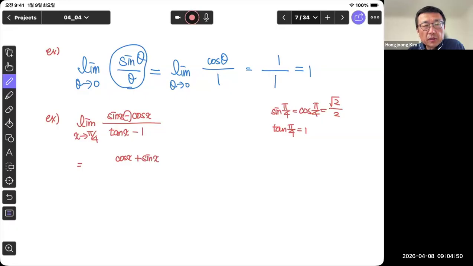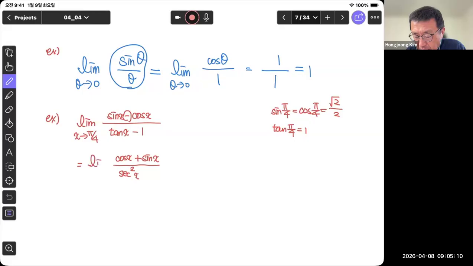That is the derivative of the numerator. And what is the derivative of the denominator? If I differentiate tangent, you get secant x squared, and if I differentiate minus 1, you get 0.